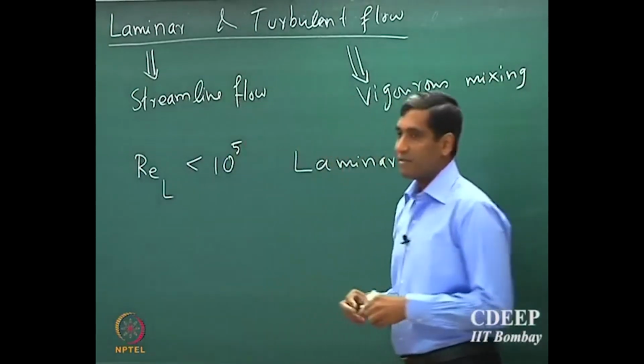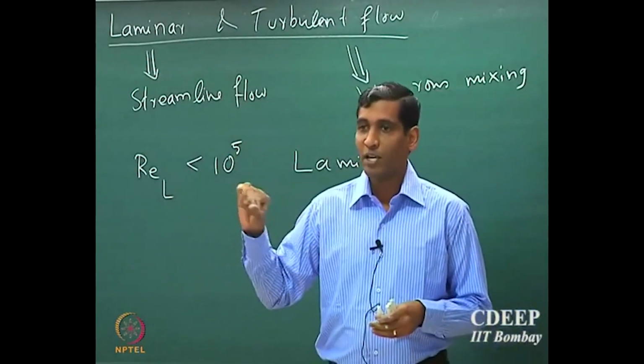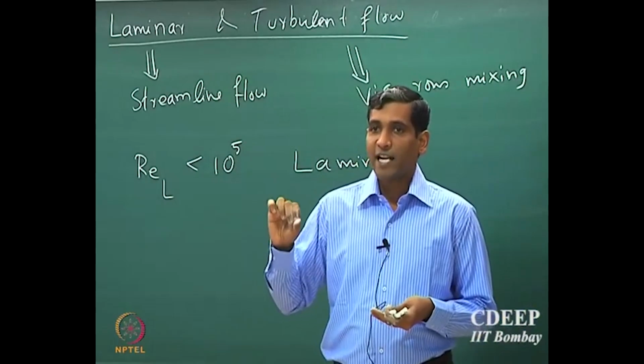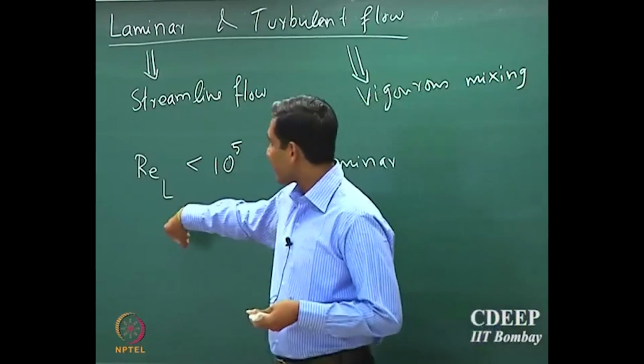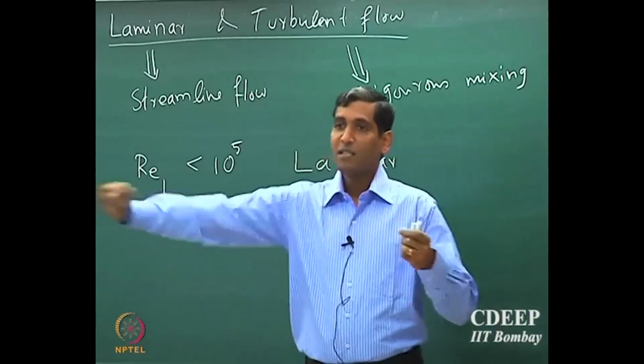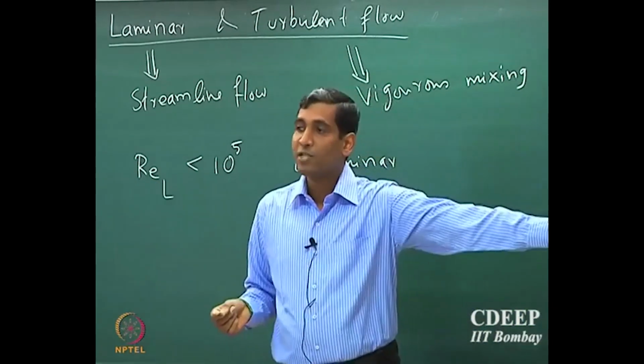Note that in pipe flow, which you have already studied, the characteristic length scale is the diameter of the pipe. Here the characteristic length scale is the length from the leading edge of the plate.